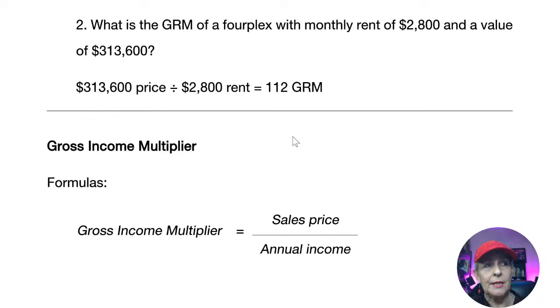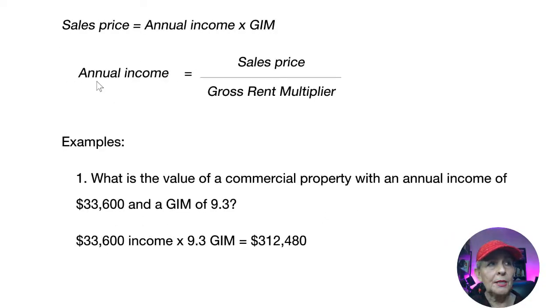Do you see that it's the same formula, just solving for a different thing? One is solving for GIM, the other one is solving for the sales price, and the third one is annual income. So they're solving for all three factors, okay? A, B, and C.